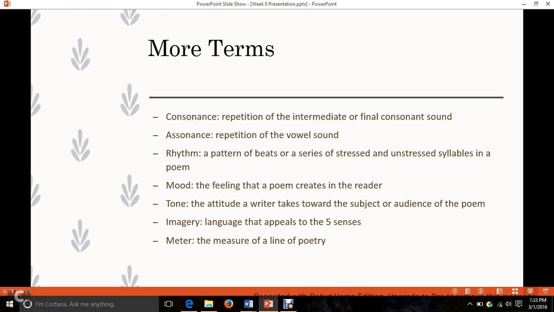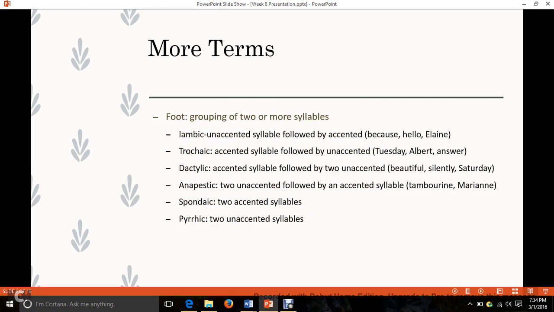So those are the differences there. Imagery, we see in sensory writing, this is the language that appeals to the five senses. So sound details, sight details, all that kind of stuff. Things that make you imagine the scenario, so imagery. And meter is a measure of a line of poetry. So it has to do with the patterns that are created through rhythm.